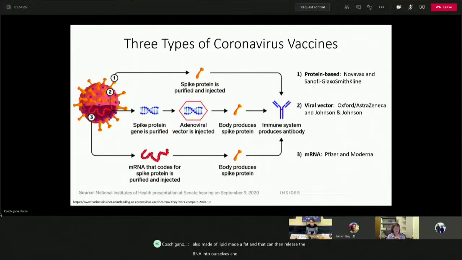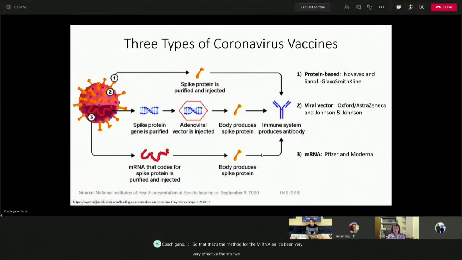First our own machinery will make that spike protein, but just that spike protein, nothing else. So it's not infectious, it's not contagious, anything like that. But then that triggers an immune response in the body. And that's the method for the mRNA, and it's been very, very effective.